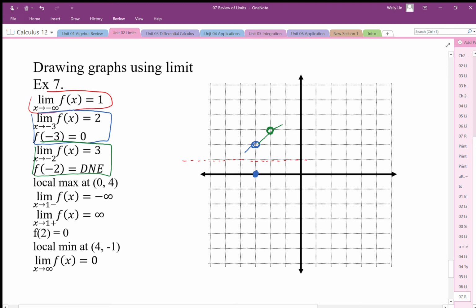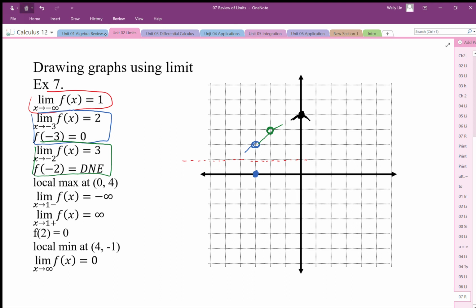All right, so then we move on to the local max. There's a local max at 0, 4. Okay, so there's going to be a local max there. That's a coordinate that's defined, and we know that's a maximum. So I'm just going to put a little maximum curve there. And I know that as we approach 1 from the negative side, it's going to go down to negative infinity.